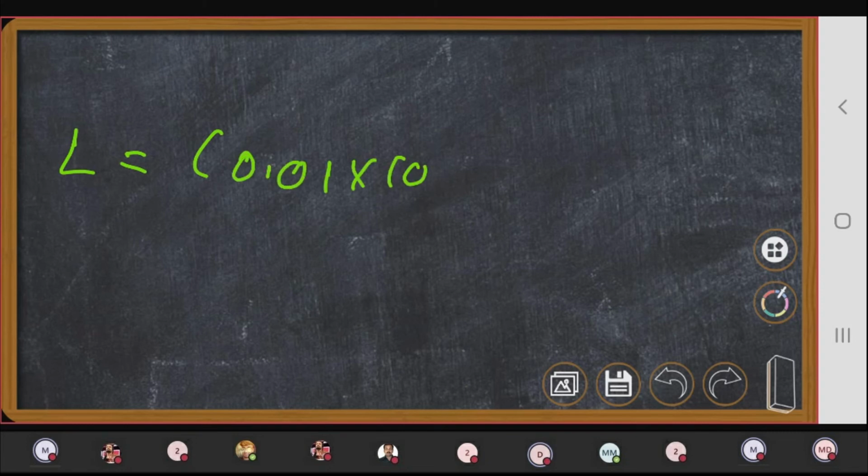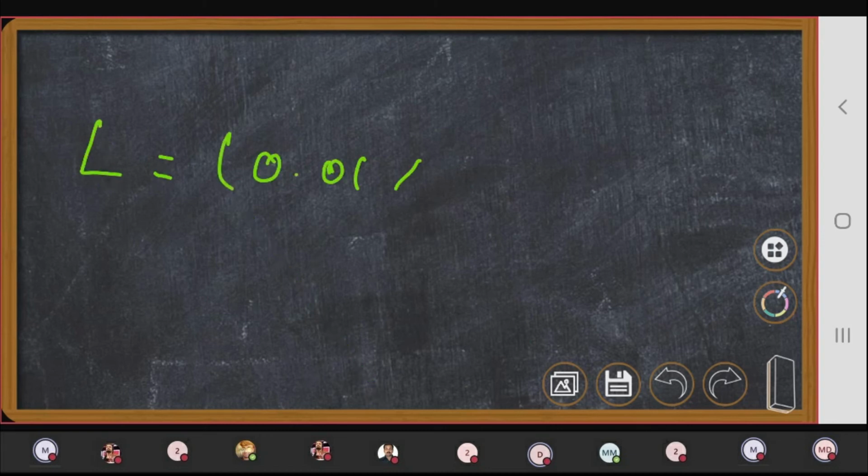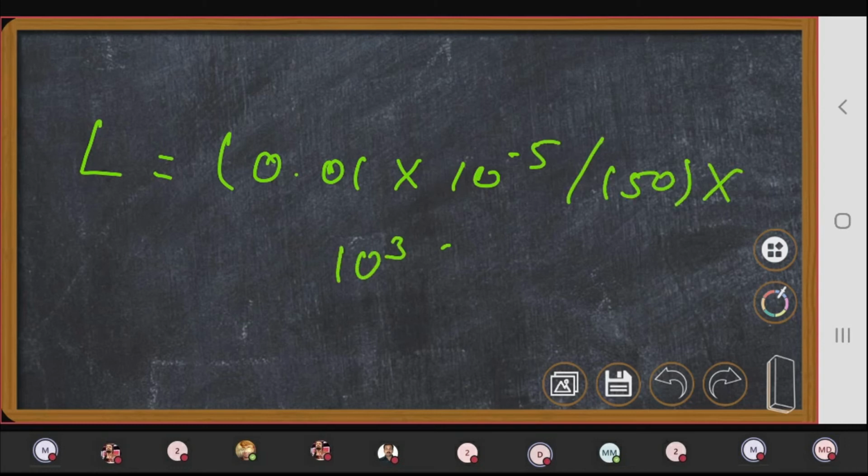So 0.01 into 10 power minus 5 by 150 into 10 cube millihenry per kilometer.